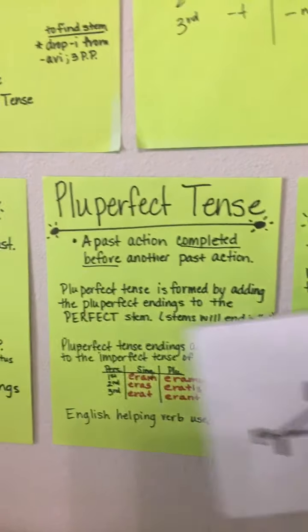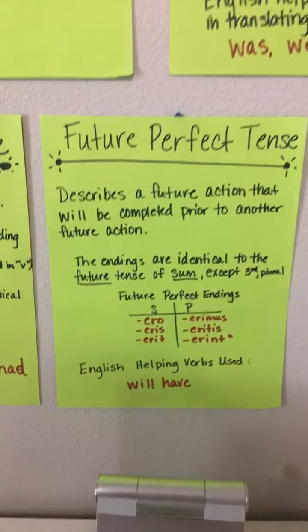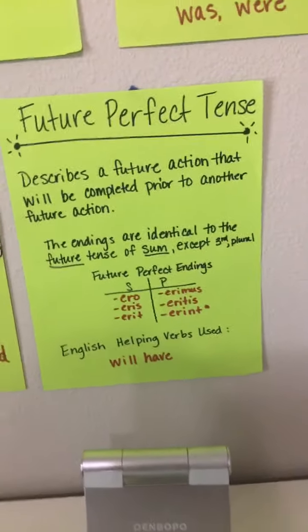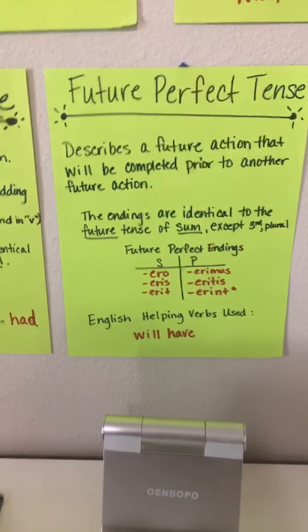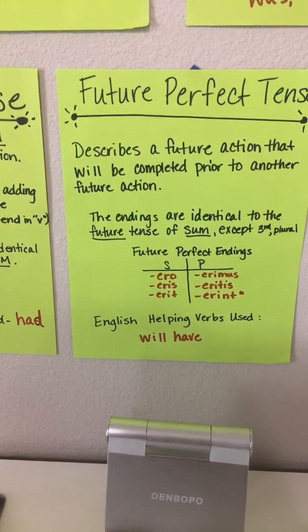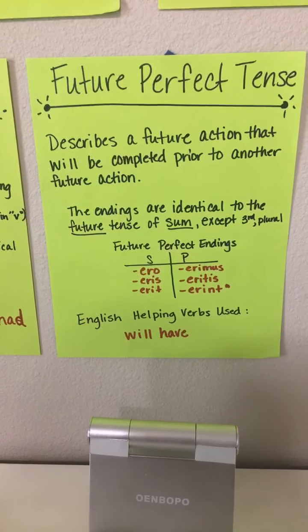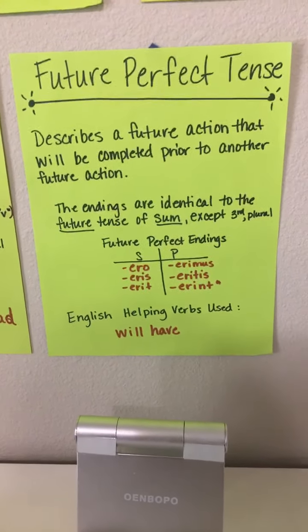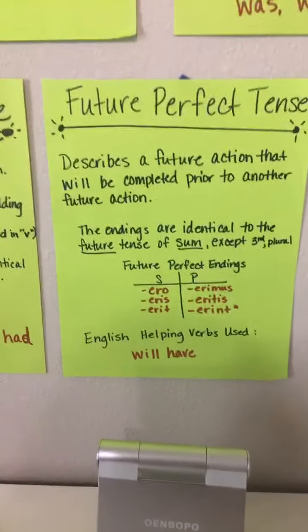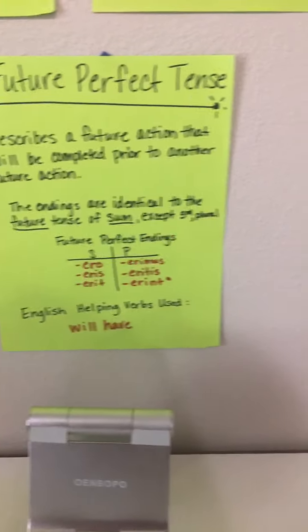Okay, and then going to the future perfect tense, the third tense in the perfect system. We know we find the stem by dropping the i off the third principal part. And this is going to describe a future action that will be completed prior to another future action. Okay, so I have a note.